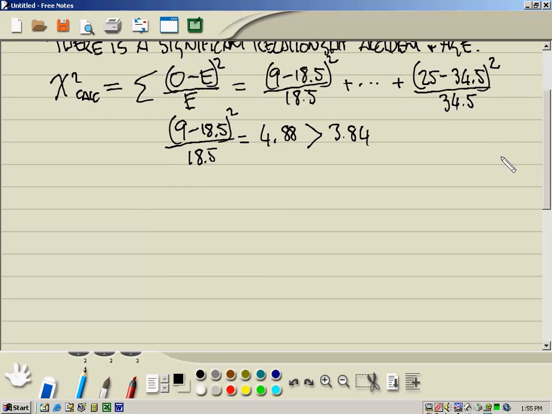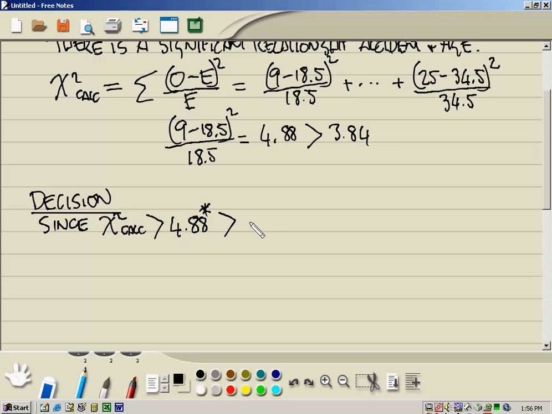So we can go straight to a decision. Since the calculated value of chi-squared is greater than 4.88, we don't know what it is since we didn't do the whole thing, so we put an asterisk on that.